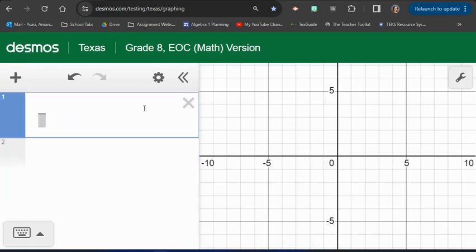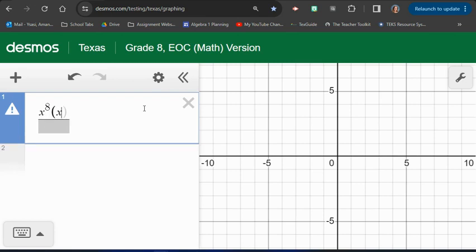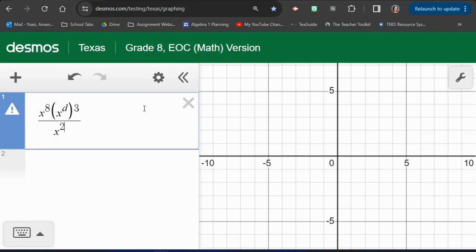Do our fraction. And we have to change everything to X. Even though we have C's and D's, we got to change everything to X. Oh, that's a D. That's not a D. What should that be? 6. There we go. Okay.